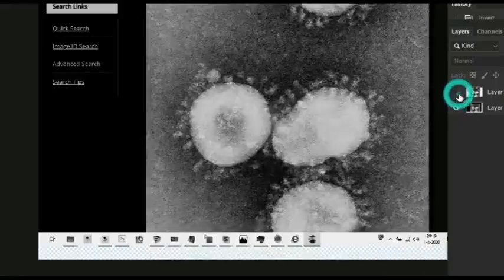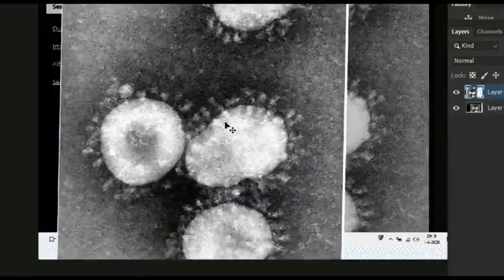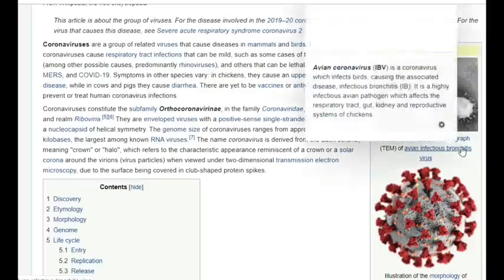And that's the same image. Why do they use this 50-year-old electron microscope image from some bronchitis?